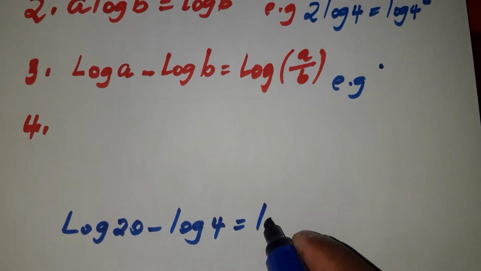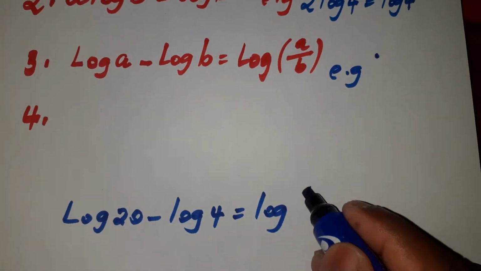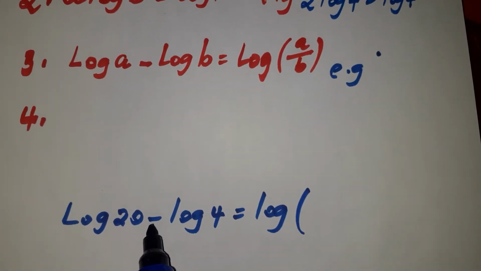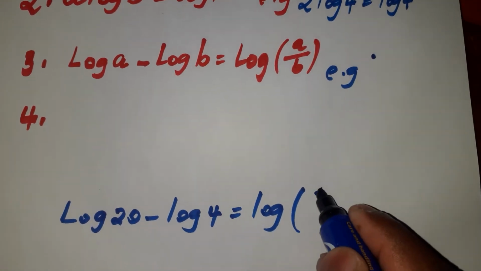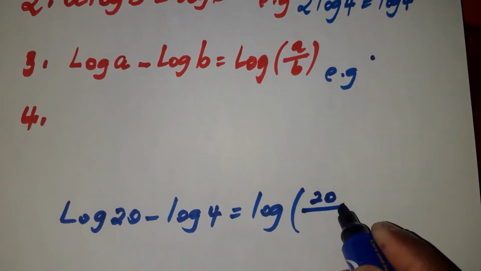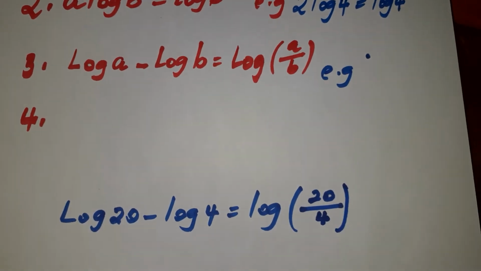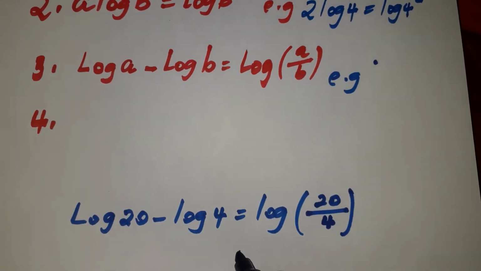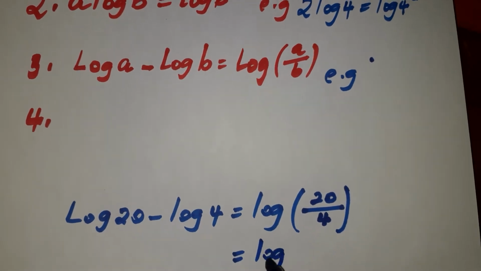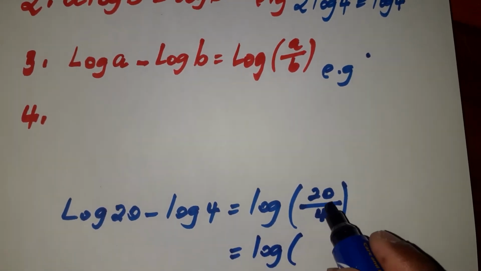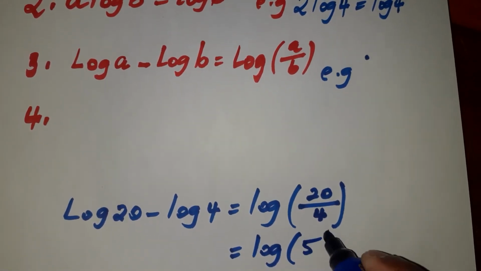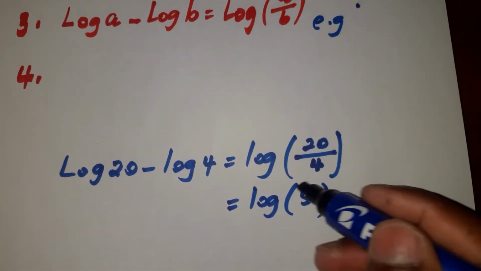That will be equal to log, because of minus, you write the 20 as a numerator over the 4 as the denominator, like that. Now this we can simplify to get log of 20 divided by 4, that is 5. You don't need to put the brackets if you want.